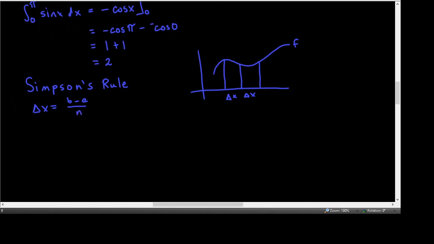Now, I picked on 2 of them because this technique needs 3 points. Like the trapezoid needed 2, one here and one there, and then draw the line segment in between. This technique requires 3. With 3 points, you can find the equation of a quadratic function.